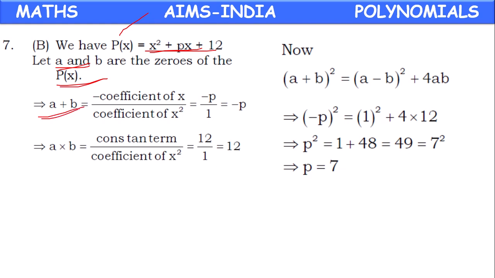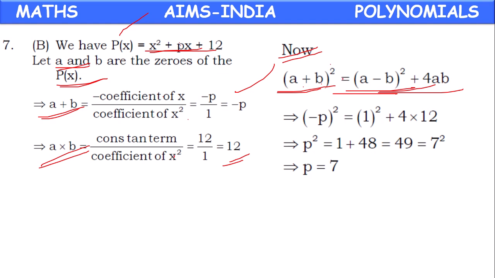Then A plus B according to the formula is minus P. A into B according to the formula is 12. Now, we know that A plus B whole square equals A minus B whole square plus 4AB. This formula also you have to remember, children.